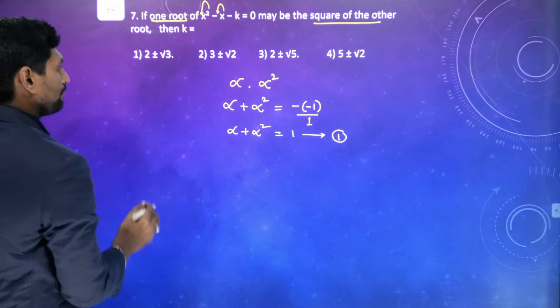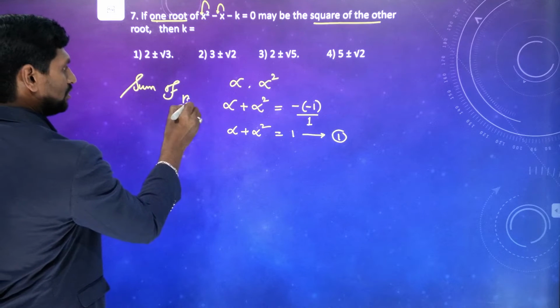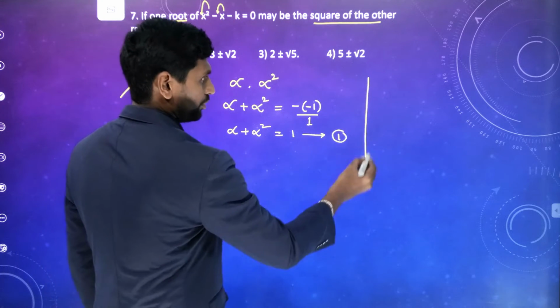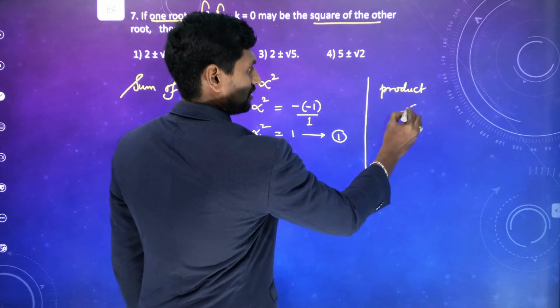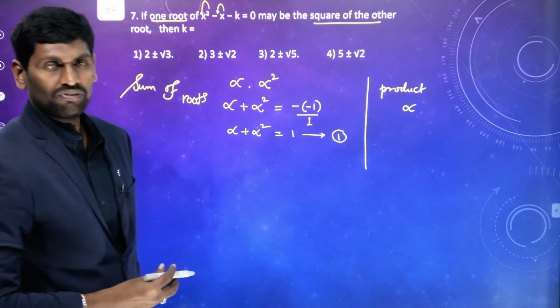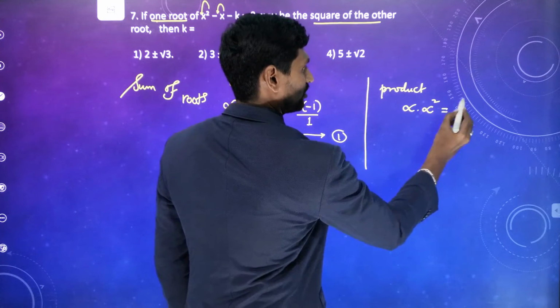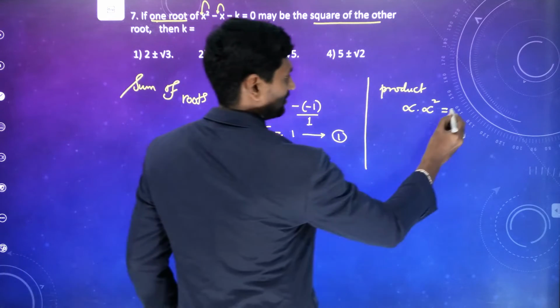So sum of roots I have applied. What is this? Sum of roots. Now here, product of roots. Multiplication of two roots: alpha into alpha square equal to c by a. C is nothing but minus k.